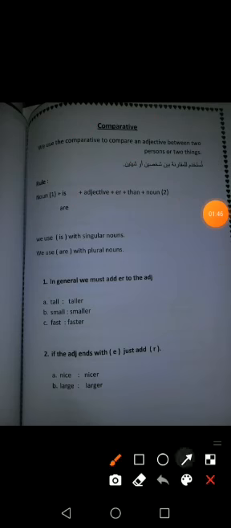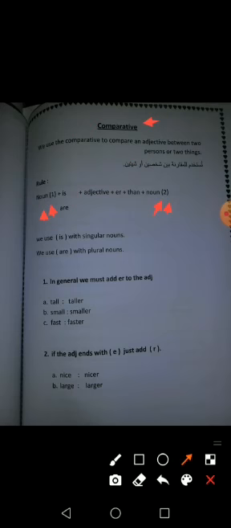Okay, so we use the comparative to compare حتى نقارن two nouns, two persons or two things. Okay, student, can you see? Again, we use the comparative to compare two nouns, two persons or two things.